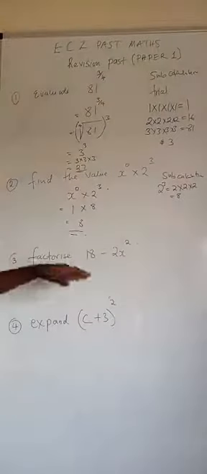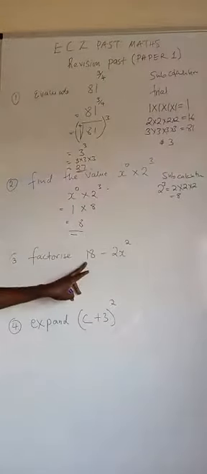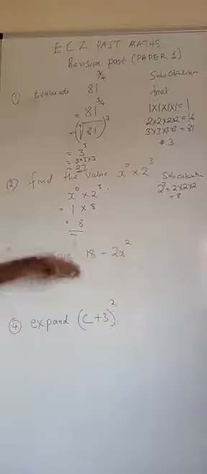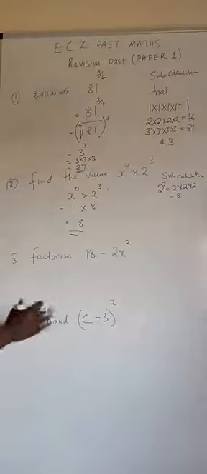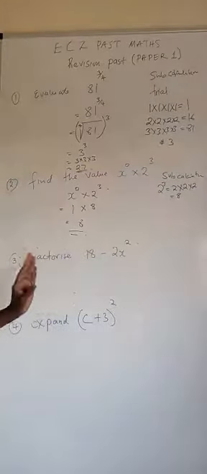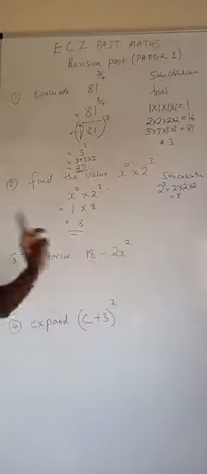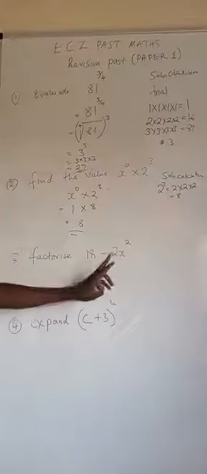Okay, so when you look at the next question, 18 minus 2x squared. You see, this is a difference of 2 squares. They like bringing this in the exam, as they brought in 2018. Now, the first thing you do, you find a number that can go into 18 and at the same time can go into 2.